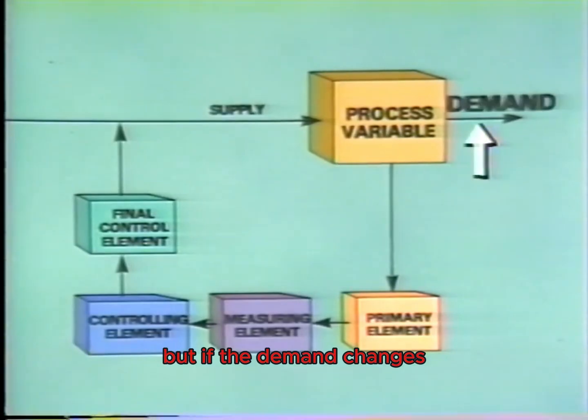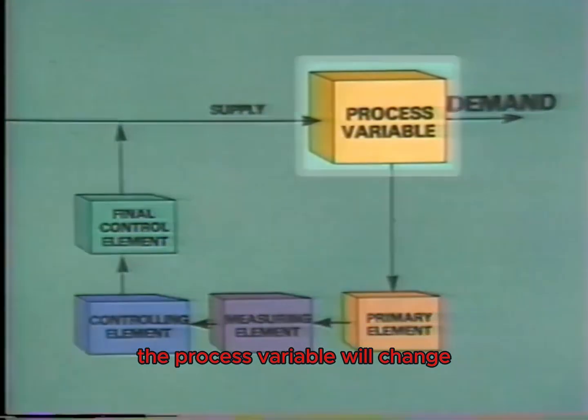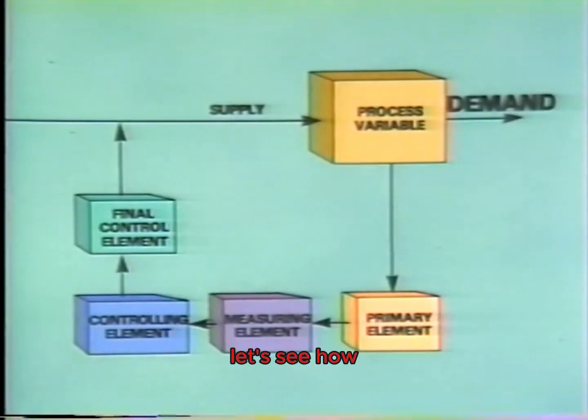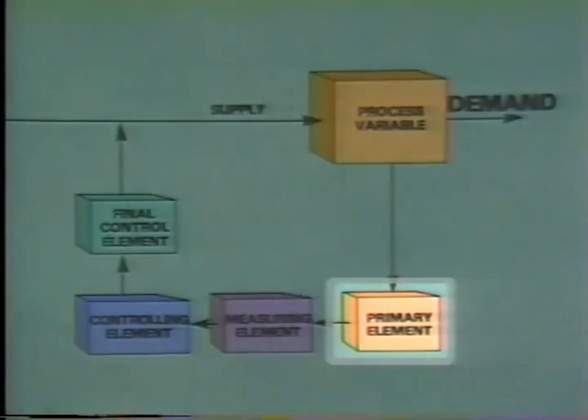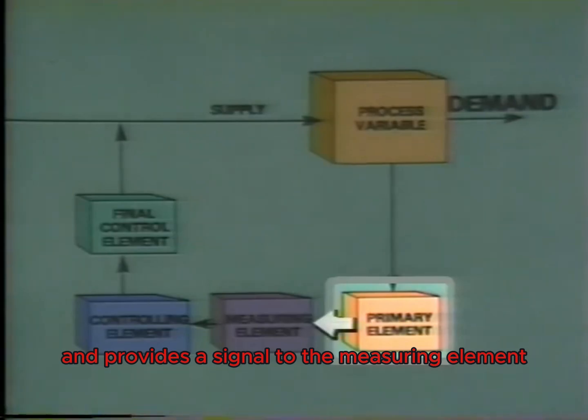But if the demand changes and the supply doesn't, the process variable will change. Well, let's see how the feedback control system would respond to this change. The primary element in this system continuously monitors the value of the process variable and provides a signal to the measuring element.